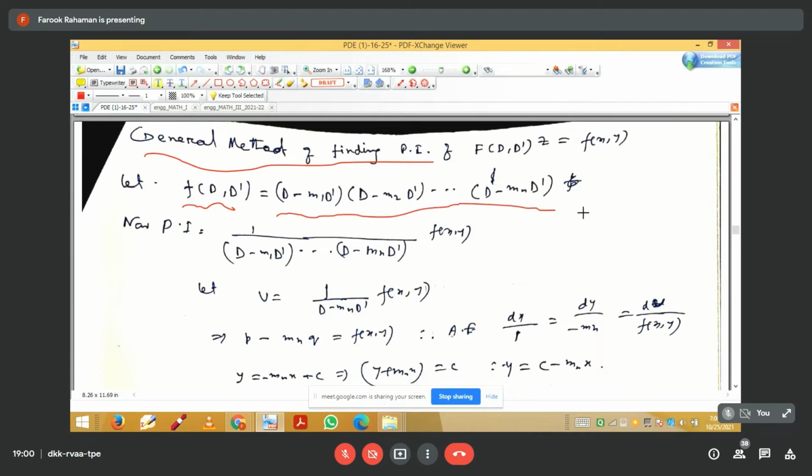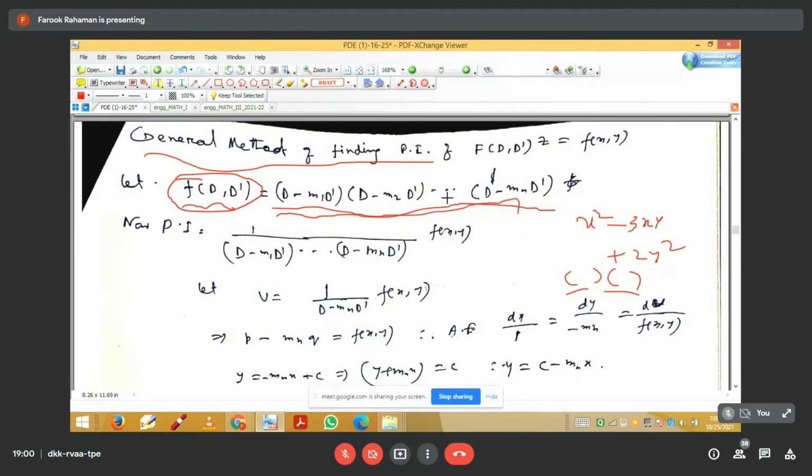As an example, x square minus 3xy plus 2y square can be written in this particular product form, because it is degree 2, so you will get 2 factors. If it is degree n, you will get n factors.